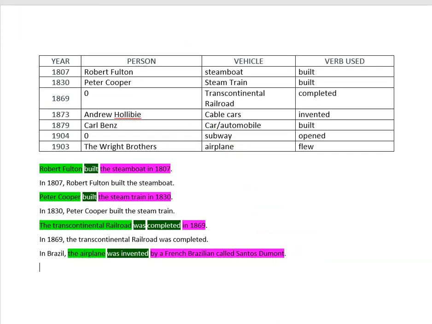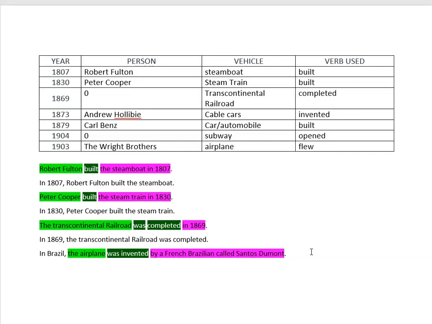So I would like you to give me one sentence about something that we don't talk about in here. All right? Something for us to learn about transportation that you have learned. You can go online, you can ask somebody.